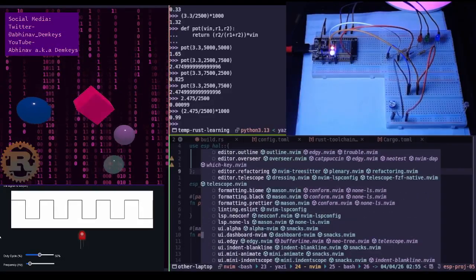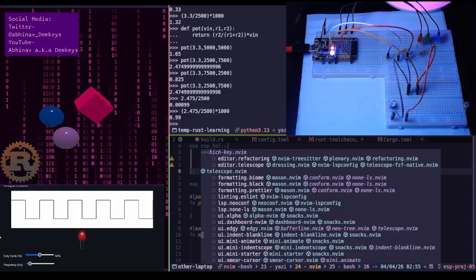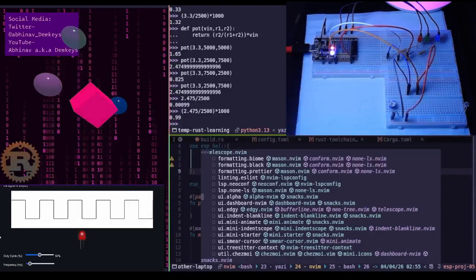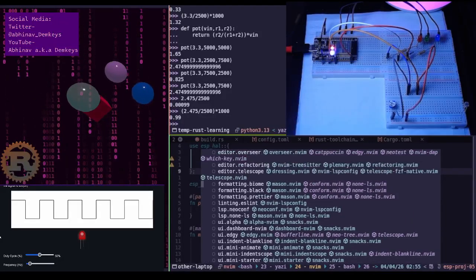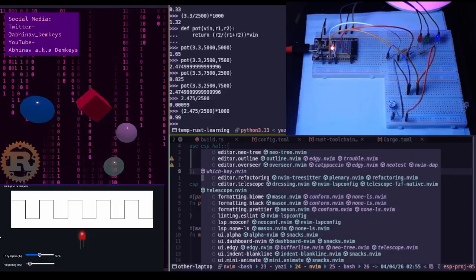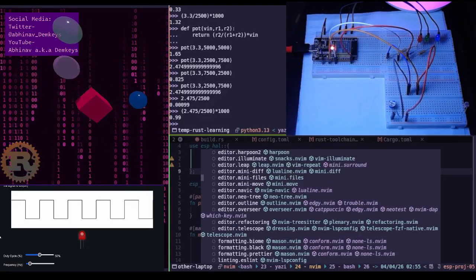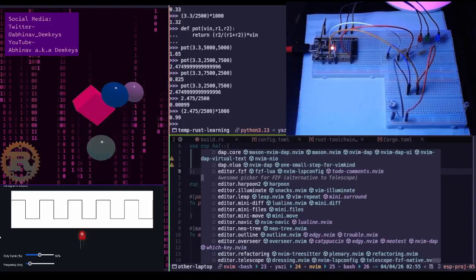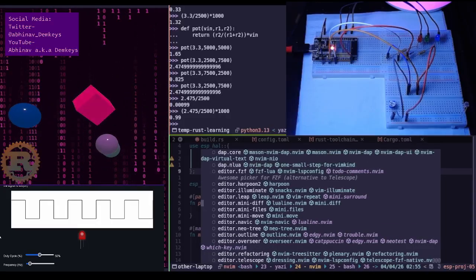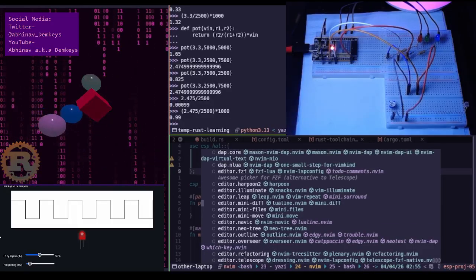Oh, you also have this very interesting concept that I found. If you look at this, it says mini diff, and then you have mini files and mini move, and there's a bunch of other mini. Mini is actually a family of plugins.